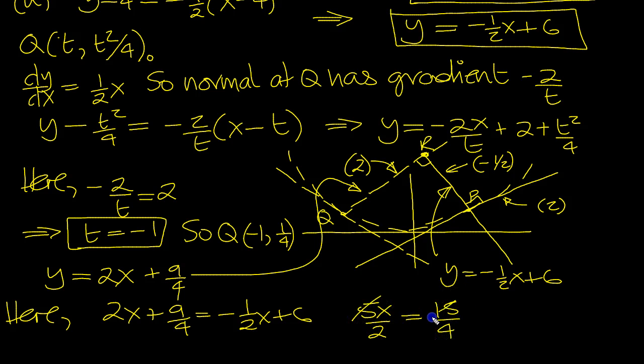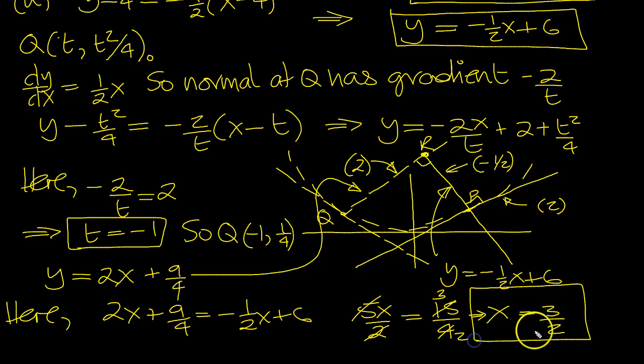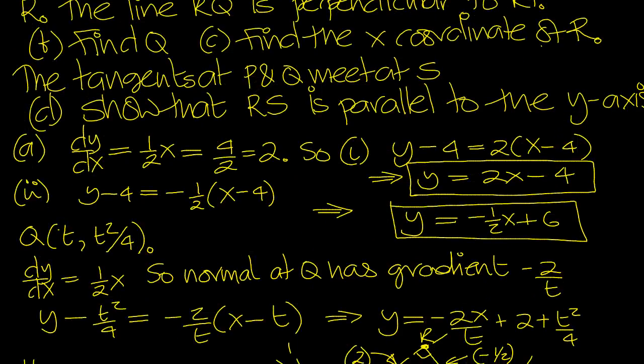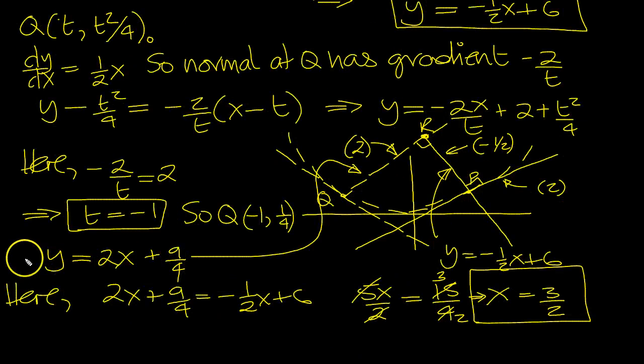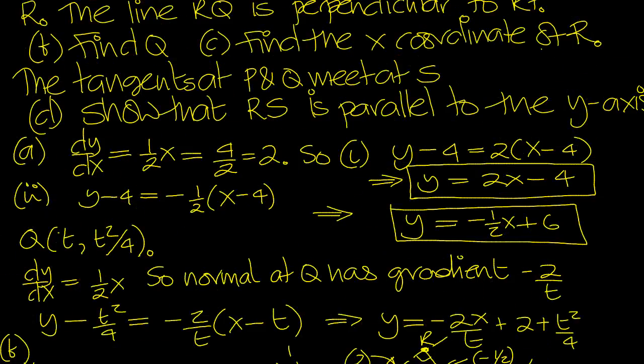So cancel by 5, cancel by 2 both sides. So x is equal to then 3 over 2. And that's the value, the x-coordinate at R. So that part is done. Find the x-coordinate at R, that was part C. This was part B here. Okay, good. Part C is done then.